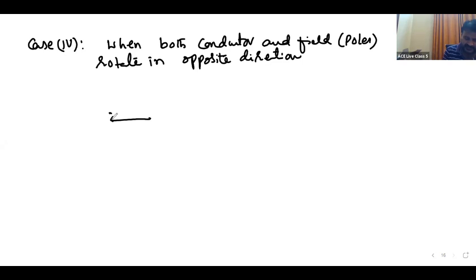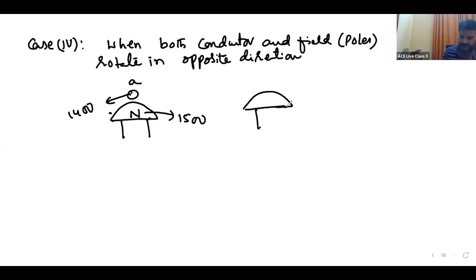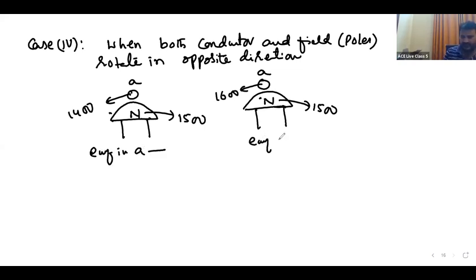Tell me what is the answer for this. North pole is rotating at 1500 rpm, the conductor is rotating at 1400 rpm. Similarly, North pole at 1500 rpm, conductor at 1600 rpm. So the EMF in A, and EMF in A dash.